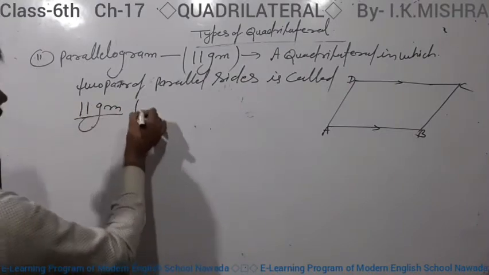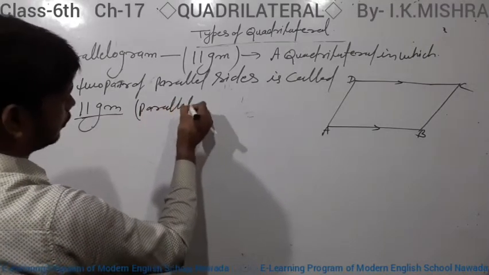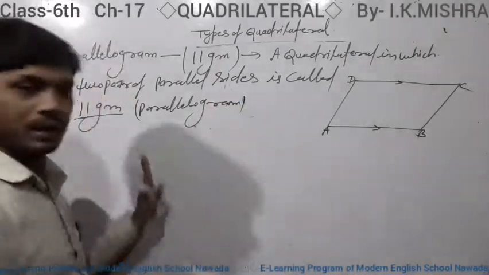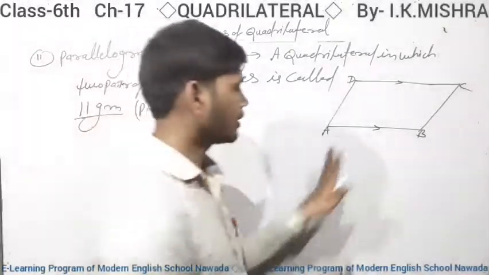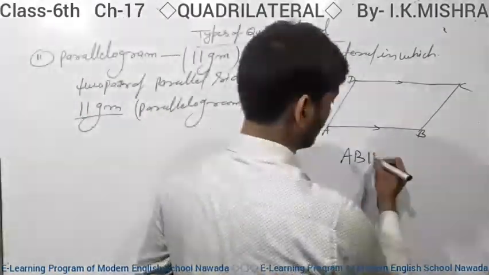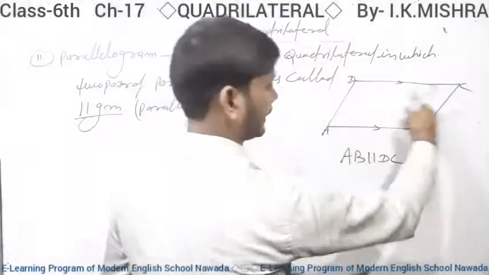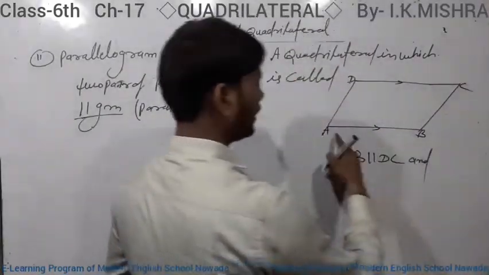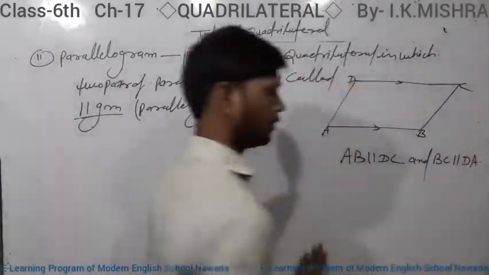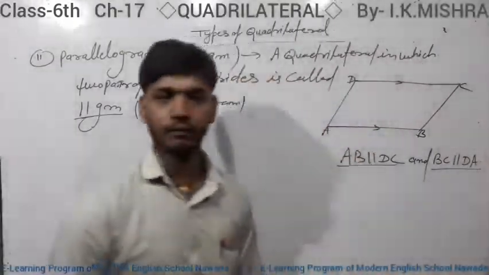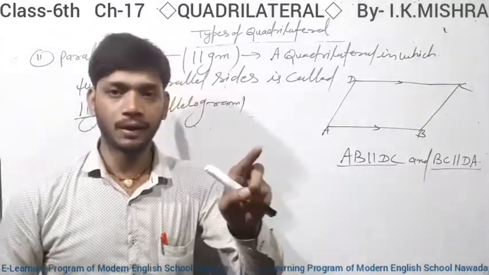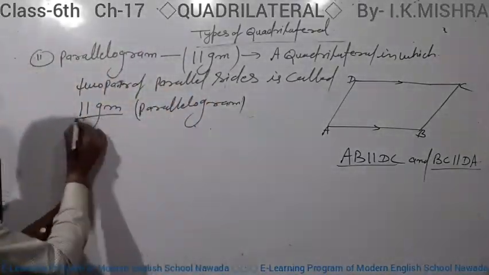This symbol is known as parallelogram. Here friends, ABCD is a parallelogram. AB is parallel to DC, and BC is parallel to DA. Here there are two pairs of parallel sides. A quadrilateral in which there are two pairs of parallel sides is known as a parallelogram, and this is written in abbreviated form.